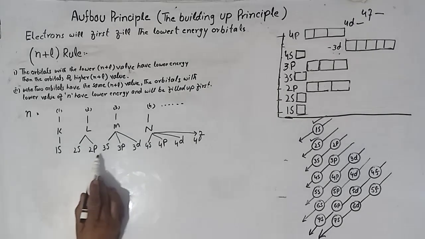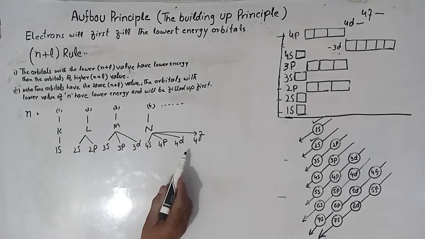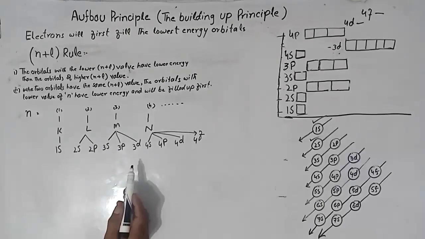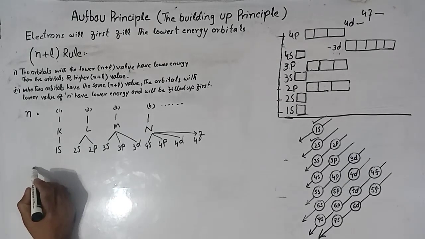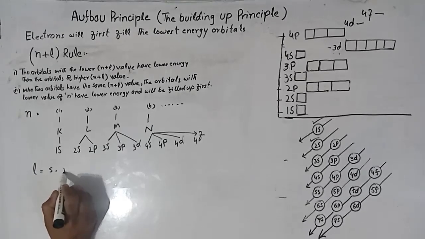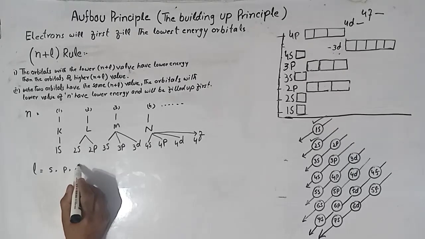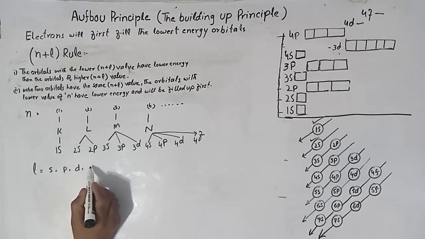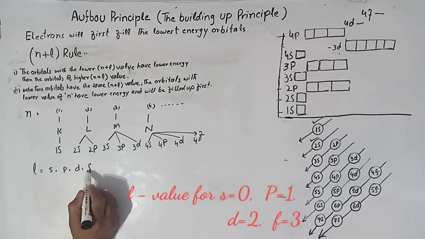These are the azimuthal quantum numbers, simply s, p, d and f.